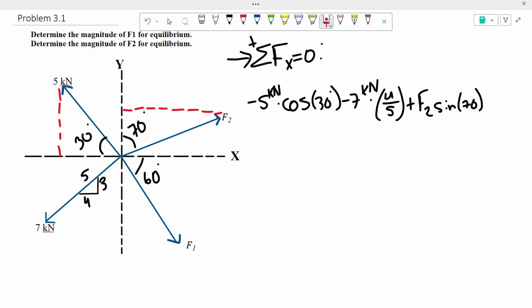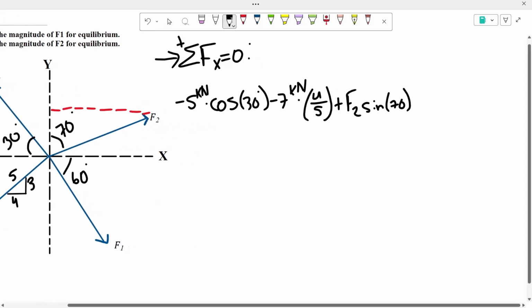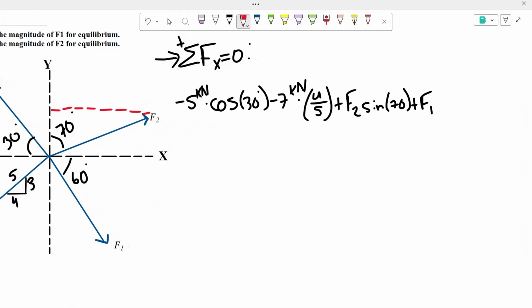And then we're going to move on to our f of 1. Once again, our f of 1 is going to the right, so it is going to be positive. So plus f of 1, and we are given this angle right here. If we were to draw a triangle like this, we are trying to find this side right here. With correspondence to this angle, this is the adjacent side of the triangle.